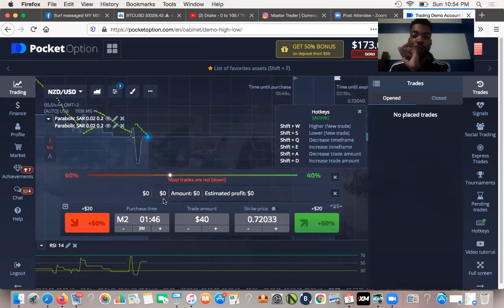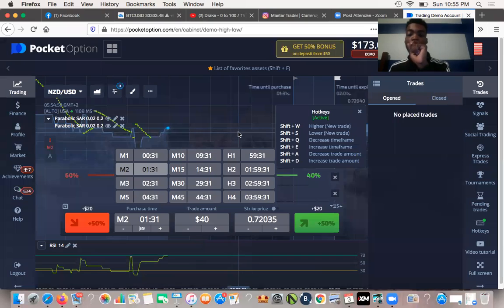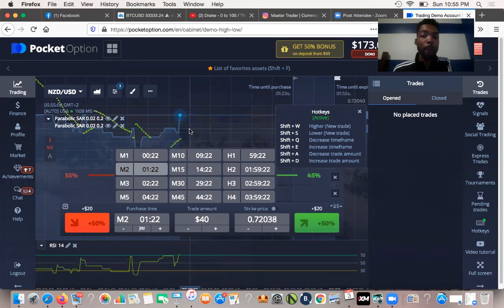And when that time runs out, say you're on the 2 minute right here, you can use the 2 minute, the 3 minute, the 5 minute. You can literally make money in minutes on this broker. And the reason why I chose pocket options is because you can put just $50 to $100 in, and grow that to whatever you want.